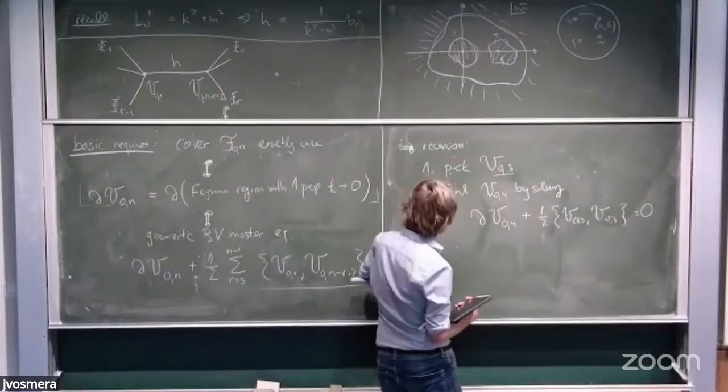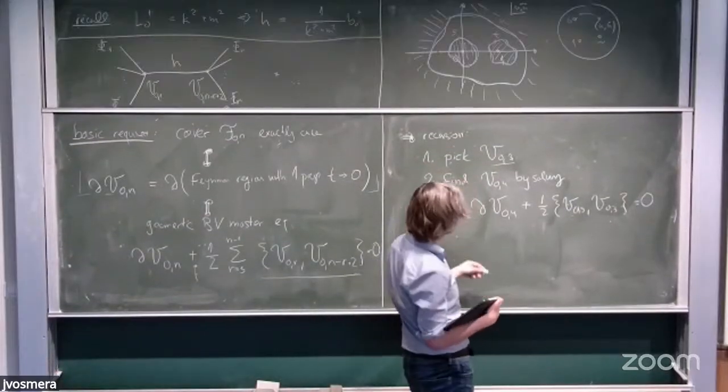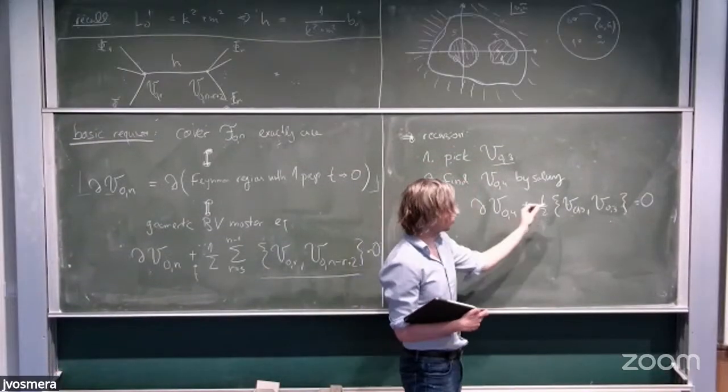Then, of course, we can continue recursively. V05 will be defined in terms of V03, V04, etc., etc.